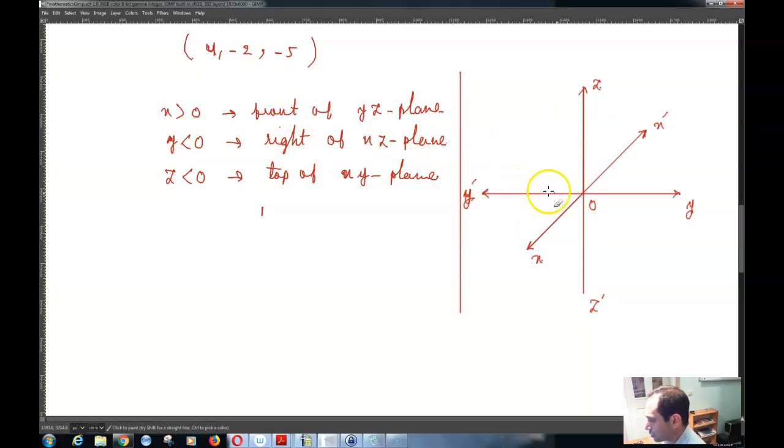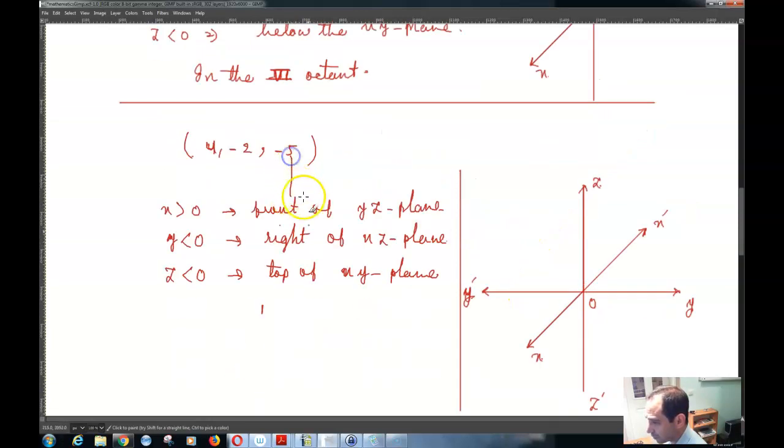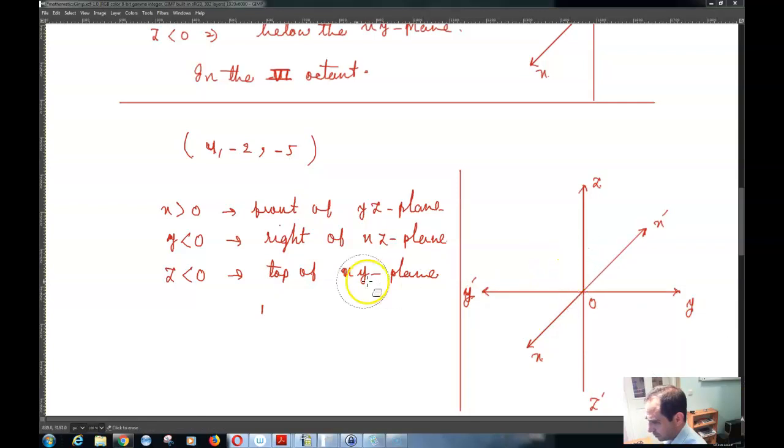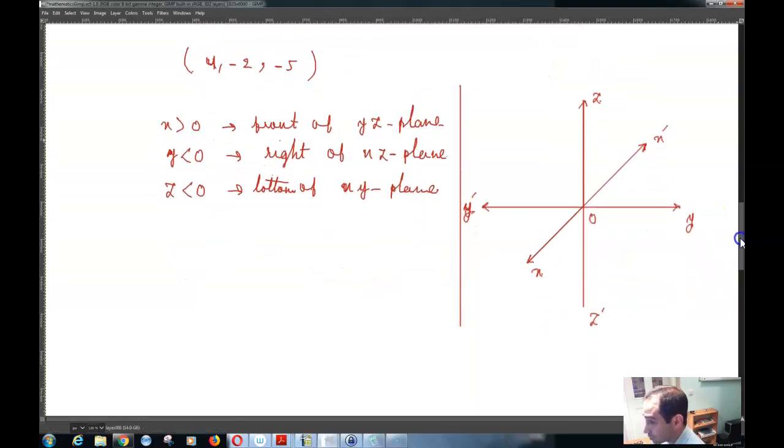That means that you are basically over here to the left and front, and then since you're to the top of the XY plane, this is also negative, so you are to the bottom of the XY plane. So I have to do this again, I'm sorry.